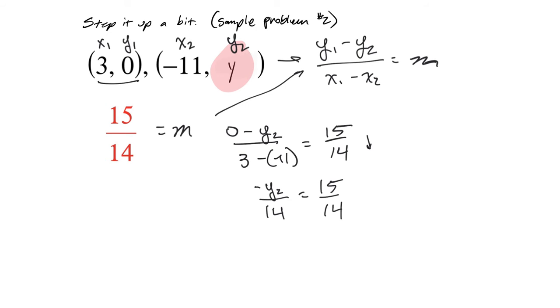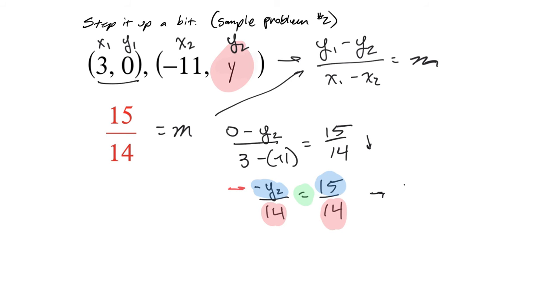Here's a nifty trick. In a fraction, if this denominator and this denominator are the same, and there's an equal sign here, that means these two numerators must be equal, right? If they're both a 14th of something, and I have negative y2 and 15, these are equal.